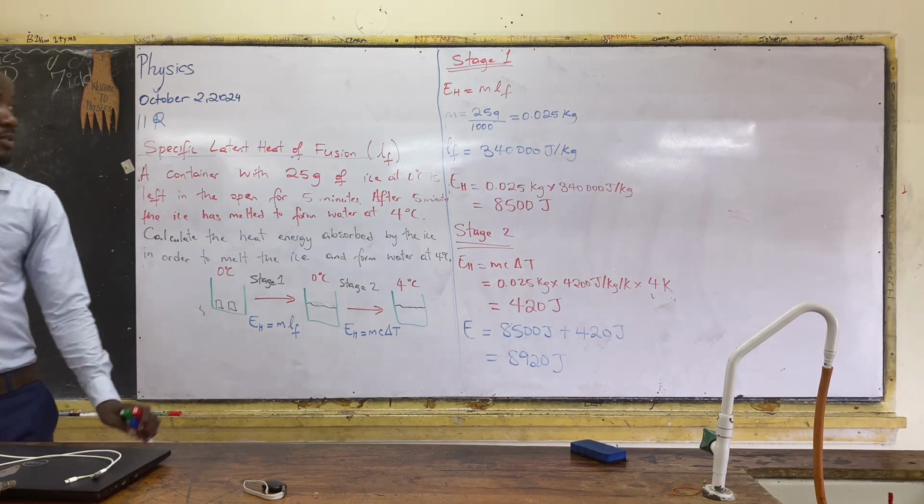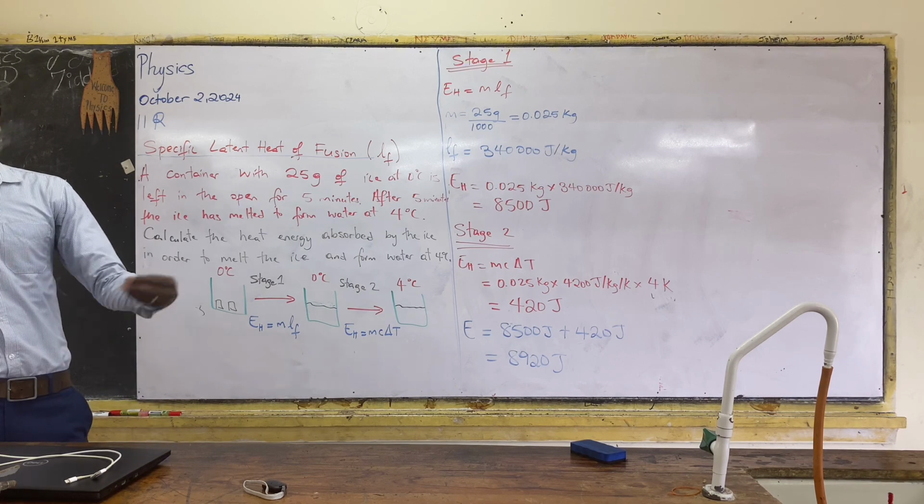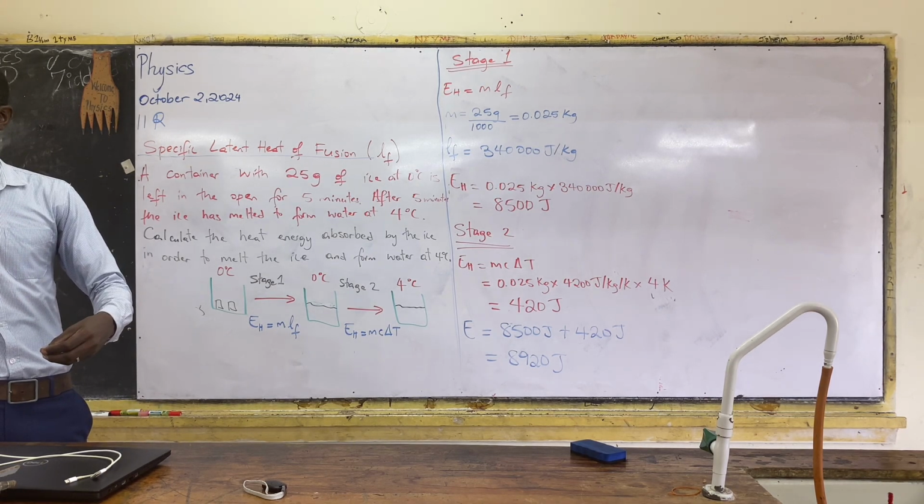So I'm going to give you one example to work, for the rest of class for the rest of the day. So again, any questions with this? All we're doing is just compounding what we have learned before.